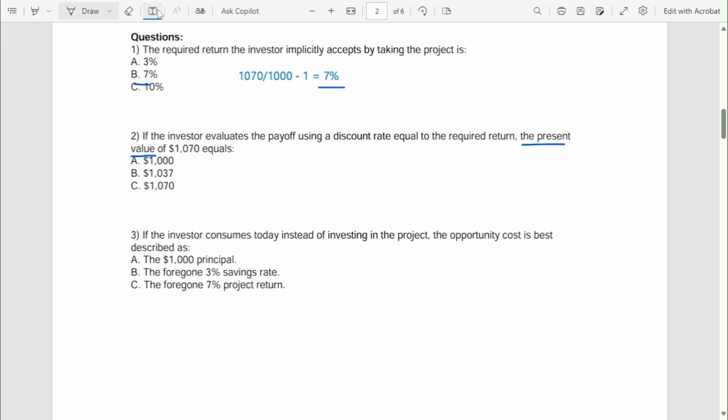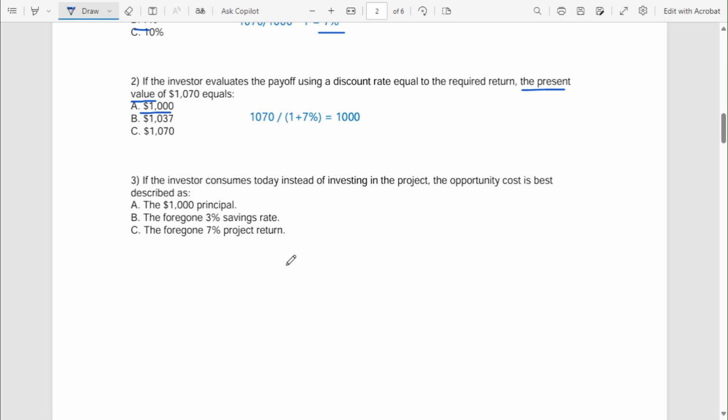And the calculation to find the present value is 1,070 divided by 1 plus 7%, which equals 1,000. So the answer to this question is $1,000. So the investor needs to invest $1,000 today at 7% in order to receive $1,070 in a year.